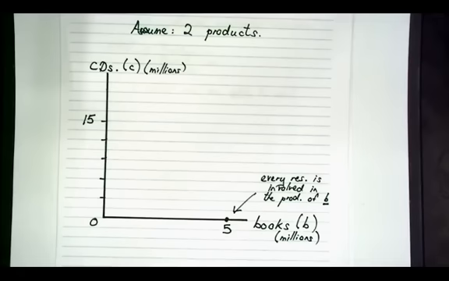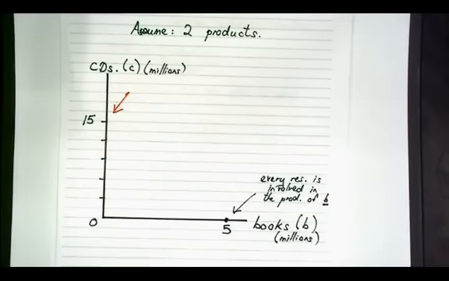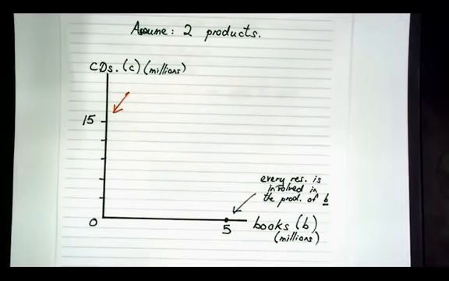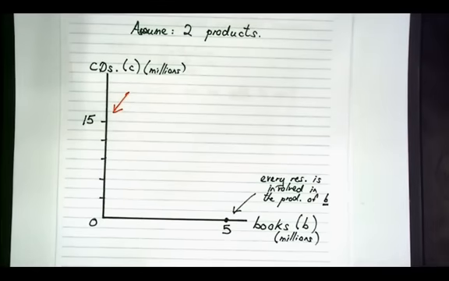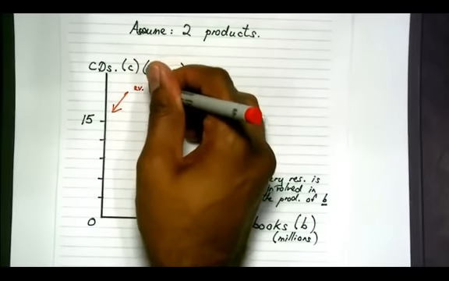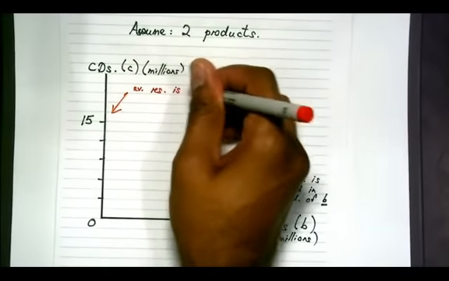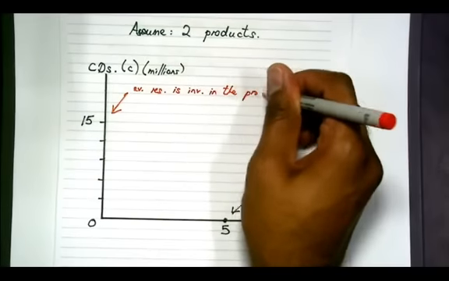Likewise, the vertical intercept, every single resource is involved in the production of CDs. So on the x-axis, the intercept, every single resource is involved in the production of books. On the y-axis, every resource is involved in the production of CDs.